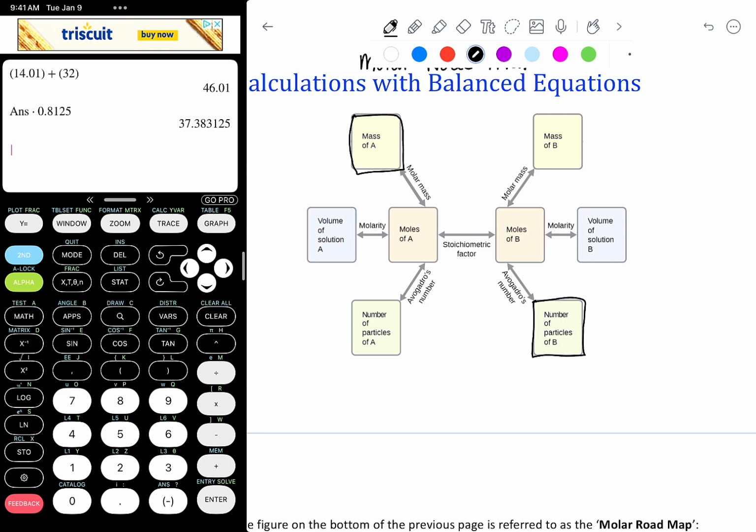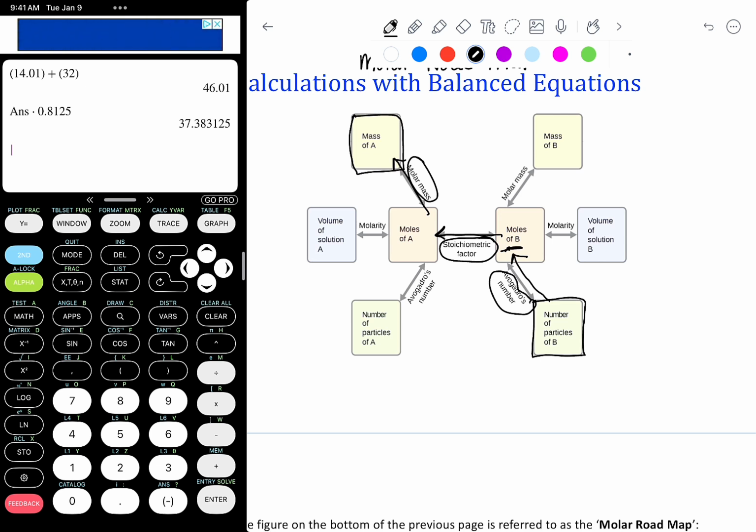So the first thing we have to do is convert from number of particles to moles using Avogadro's number. Once we have moles of B, we want to convert to moles of A using our stoichiometric factor, or our mole-to-mole ratio. Once I have moles of A, I can then find the mass of A by using the molar mass. Okay, so it's just a roadmap.